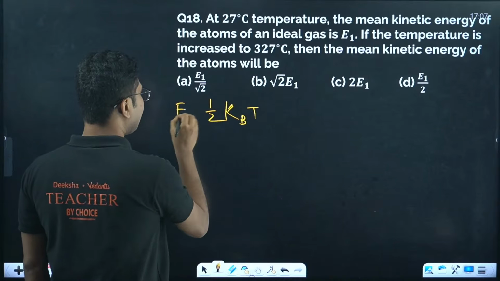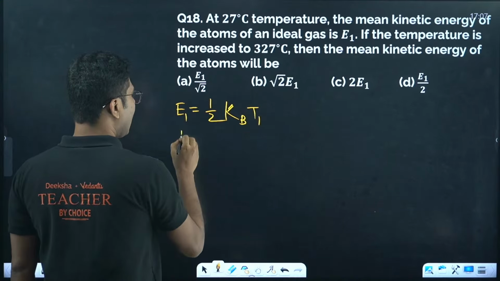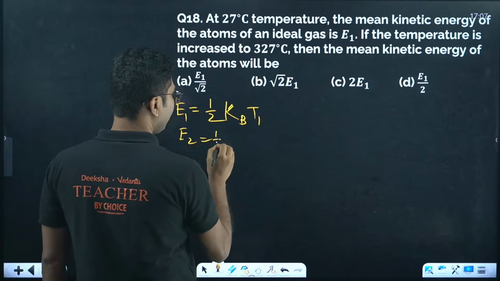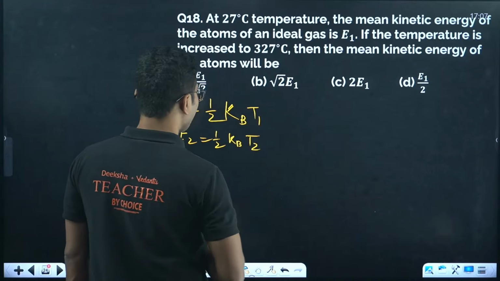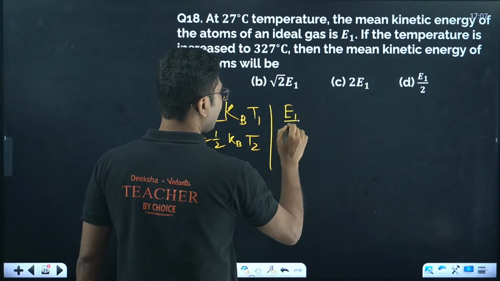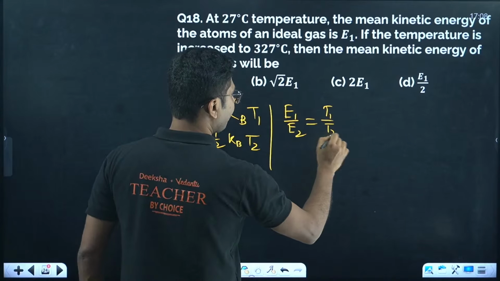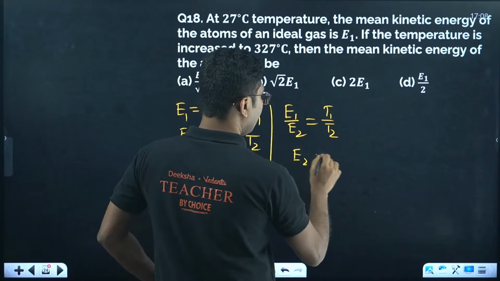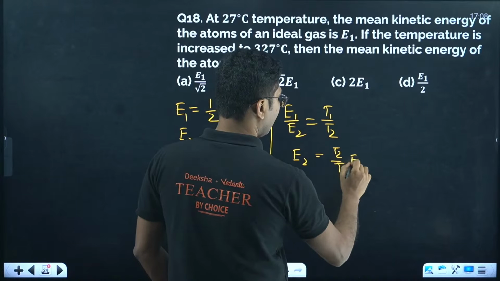Now for case 1 it will be half kBT1, for case 2 it will be half kBT2. kB is the Boltzmann constant. So basically you are finding the division between them. So E1 by E2 is nothing but T1 by T2. So E2 will be T2 by T1 into E1.